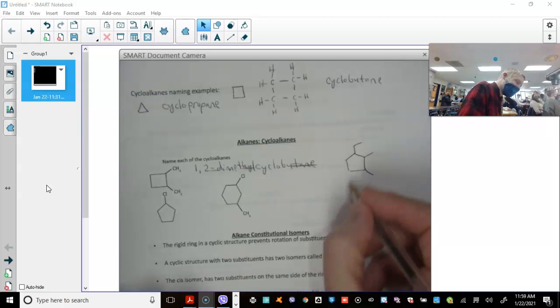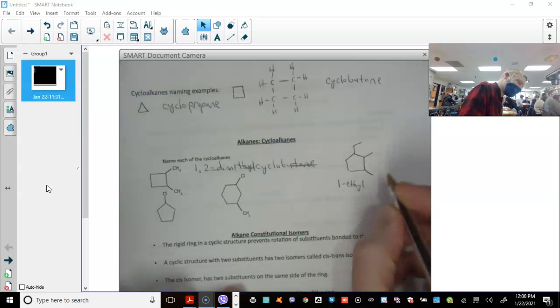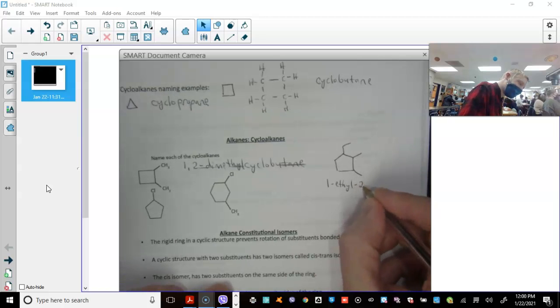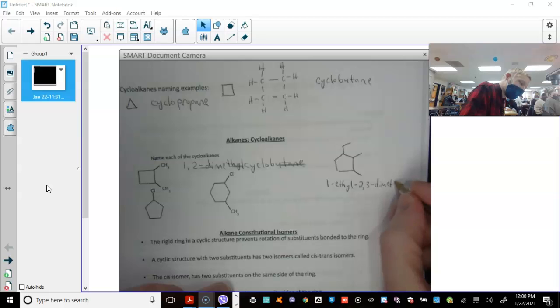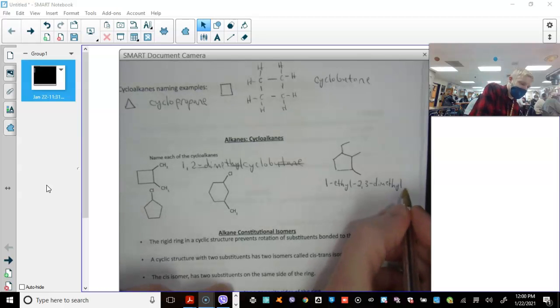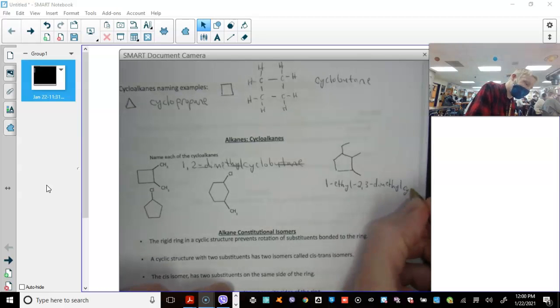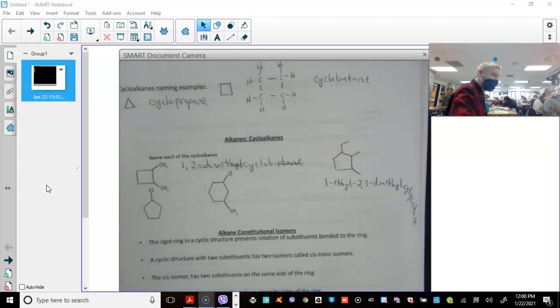All right, so we'll just do this one with ethyl as 1. I didn't give myself enough room. That's the danger of naming dimethyl. All right, 1-ethyl-2,3-dimethylcyclopentane.